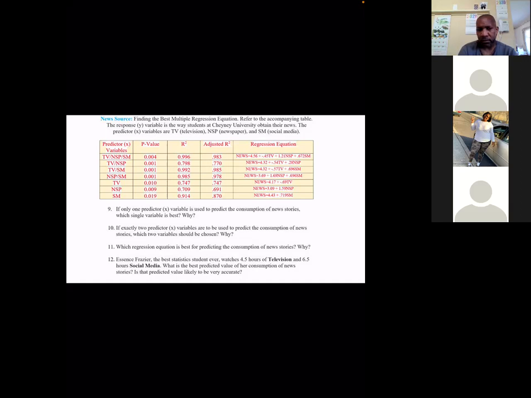Which one? TV, ESPN, social media. Oh, you said 2 predictors, right? Yeah. TV and social media. Yes, and that is for the same reason as the last problem, because of the R square and adjusted R square.